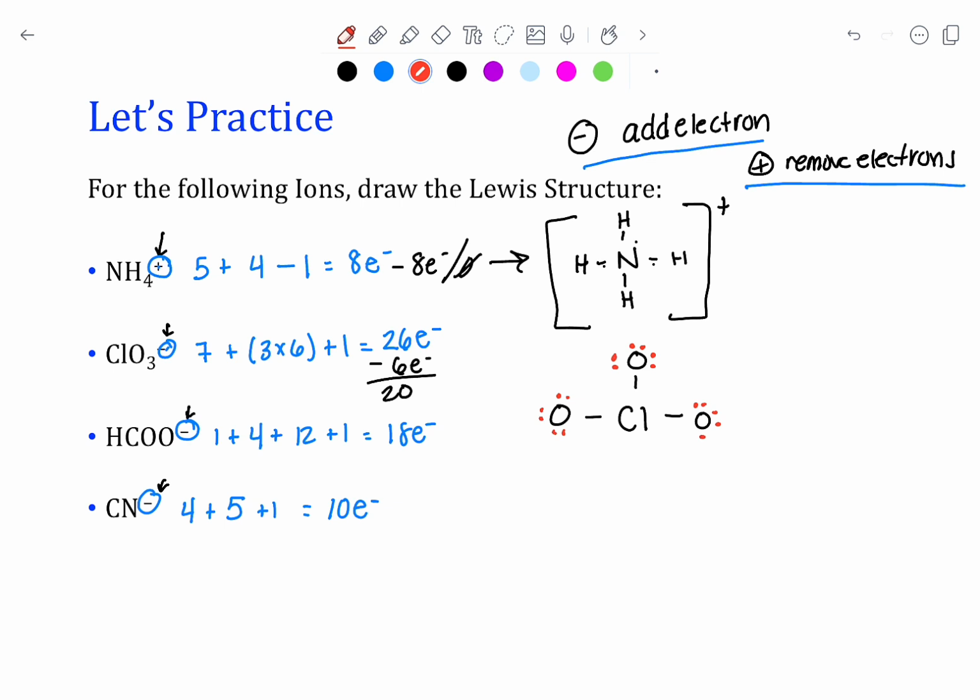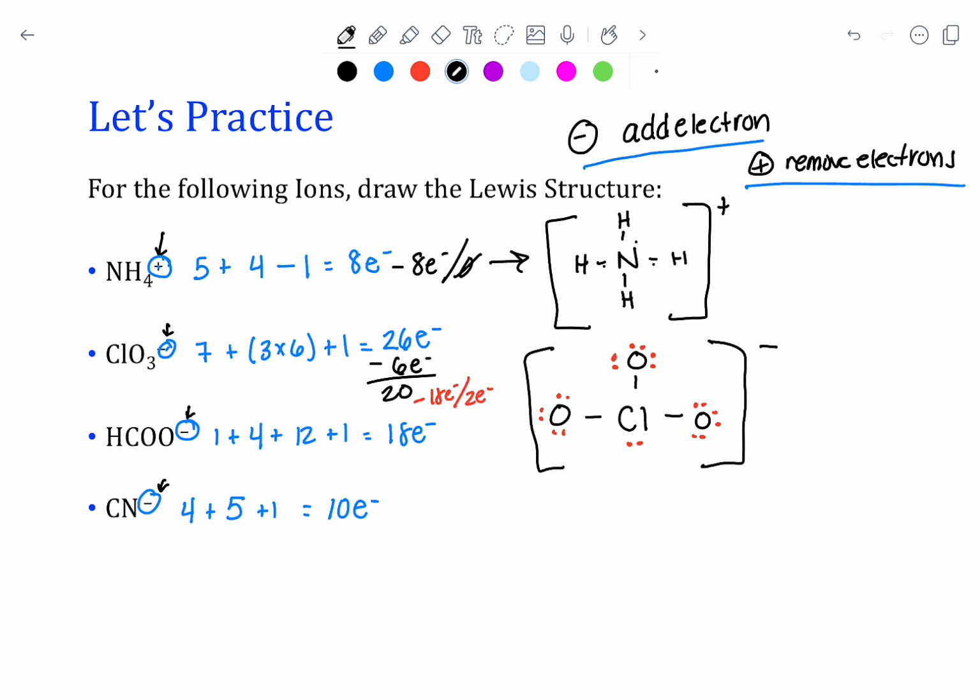Each oxygen only had 2. Now with their lone pairs, I've completed their octets. I used 18 electrons to do that, so I have 2 electrons left. Those 2 electrons are going to go on my chlorine to complete its octet, right there. So now that everything has an octet, we're just going to surround this with brackets and put our charge on the outside.